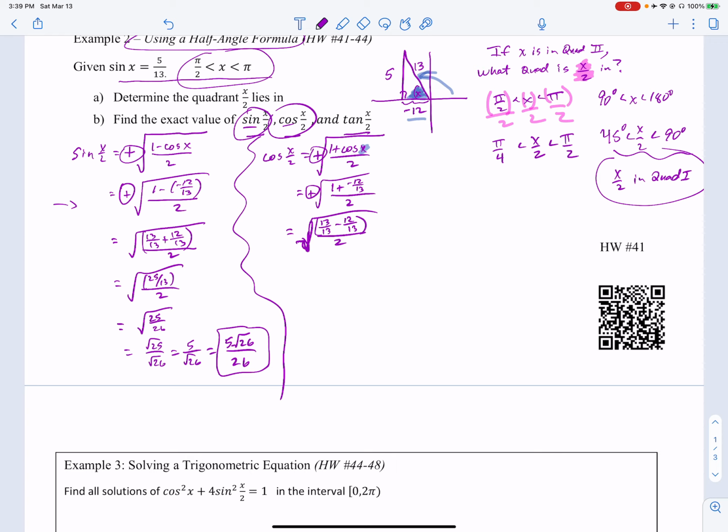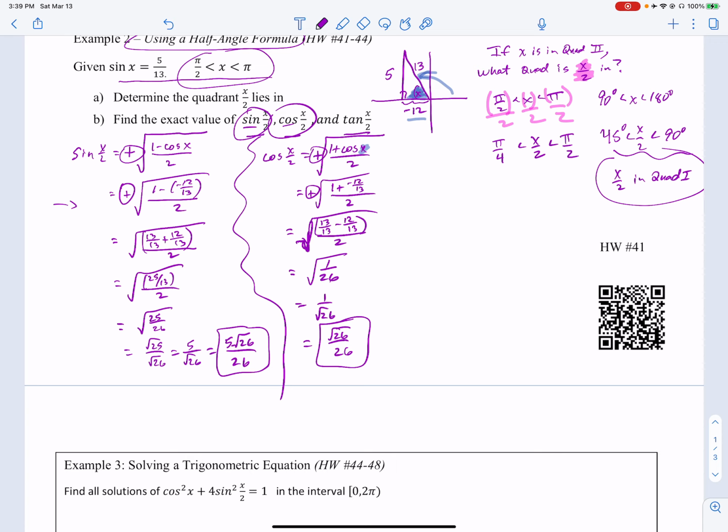So you get a 1/13 divided by 2, and a 1/13 divided by 2 is a 1/13 times 1/2. So you get the square root of 1 over 26, which is 1 over root 26. So rationalize is square root of 26 over 26. And that is your value of your cosine of x over 2.